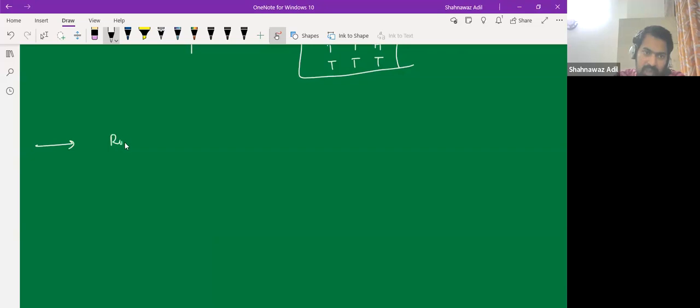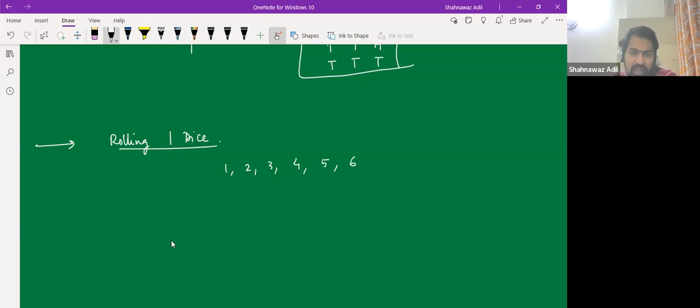So rolling one die. What can be the outcome? It would be 1, 2, 3, 4, 5, and 6. These are the outcomes that we can have.